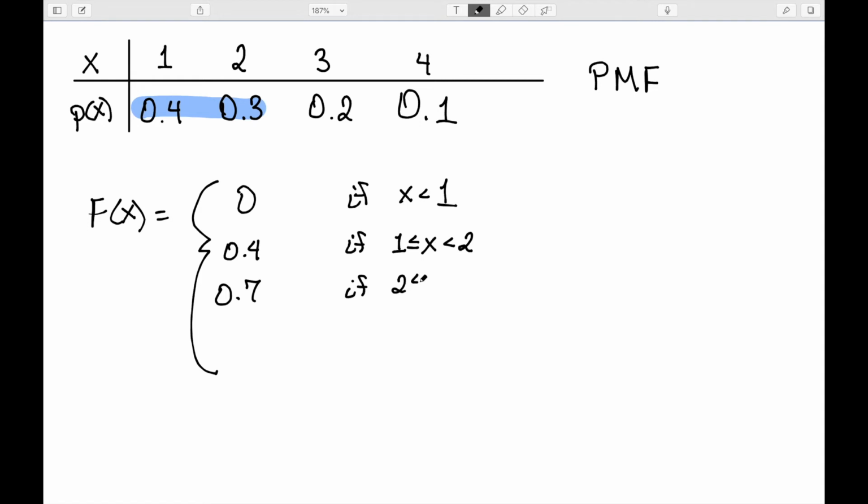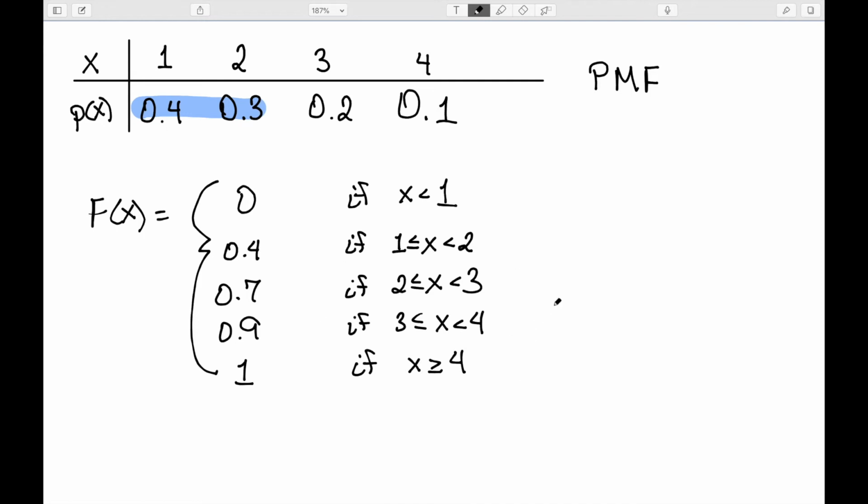And this is for 2, but not quite to 3. We then add in another 0.2 to get to 0.9. And that's going to be up to 4. Adding in the last piece of 1, this is going to be for everything greater than or equal to 4.